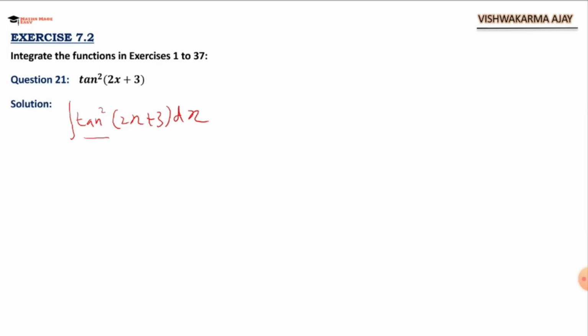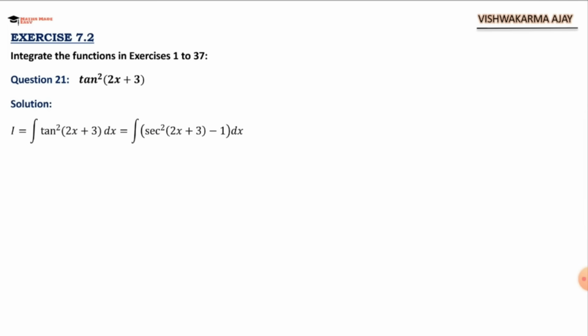In this case, it is an algebraic function. But before that, we have to make sure we have the integration of tan square. Since we do not, we will convert it into sec using the identity: tan square x can be written as sec square x minus 1.